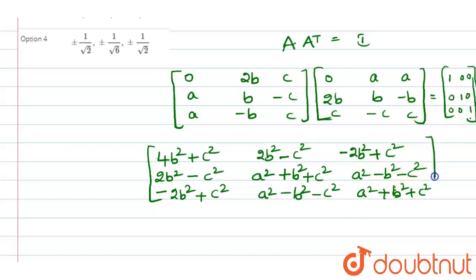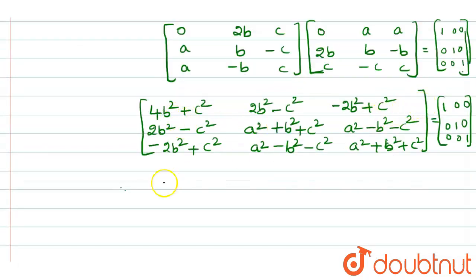That is equal to the identity matrix, 1 0 0, 0 1 0, 0 0 1. Comparing both matrices, we get 4b square plus c square equals 1.